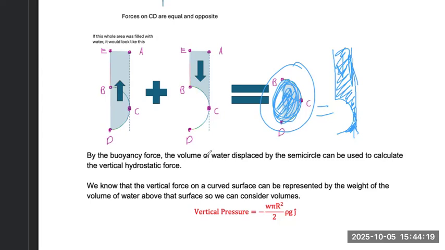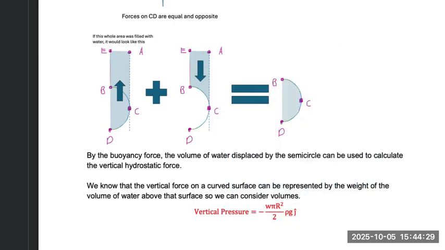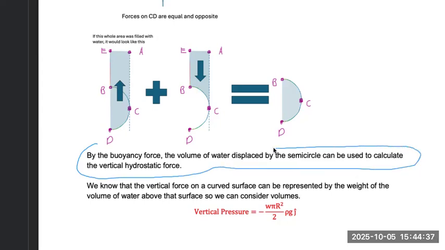Another easier way to understand why is we use buoyancy. So basically, as I mentioned down below here, by the buoyancy force, the volume of water displaced by the semicircle can be used to calculate the vertical hydrostatic force.